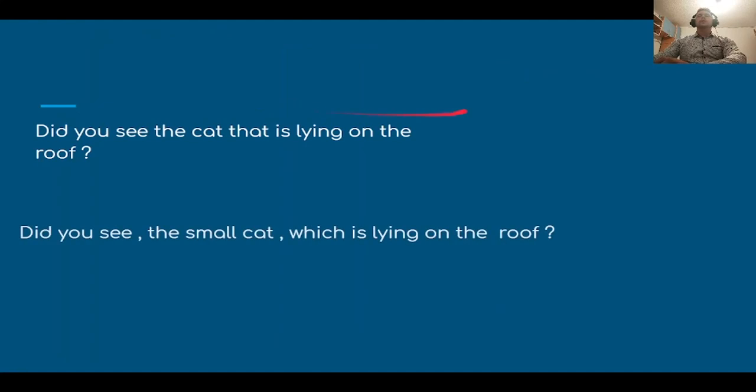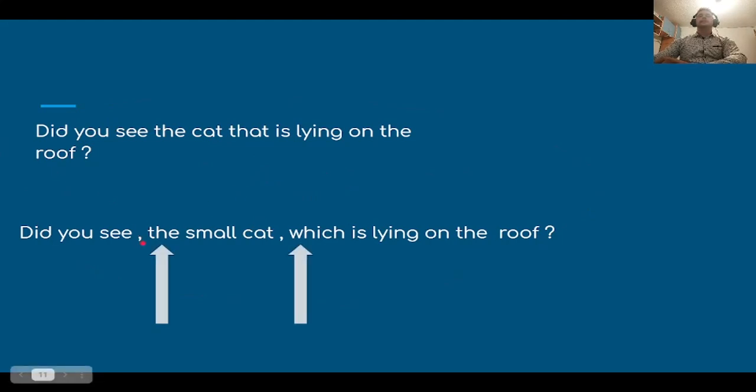Now, if we put these sentences here and compare them, so let's see what's the difference. How do we know which sentence was defining and which one is non-defining? What's the difference between them? Can you note any difference in spelling, in punctuation, anything? That's right.